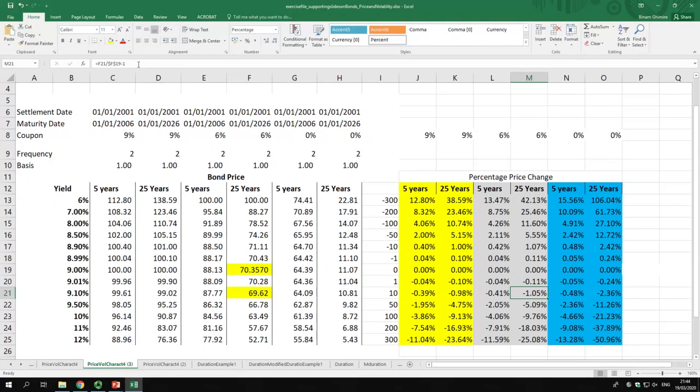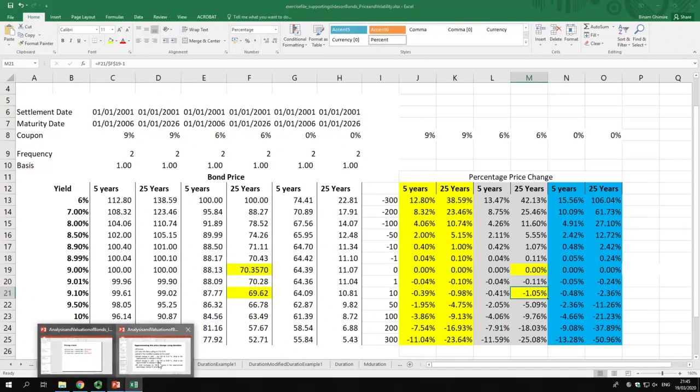Let me highlight these as well in yellow. Okay, so we see that when the yield goes up from 9 to 9.1, then the percentage price change in the bond is minus 1.05%. Remember this number, minus 1.05%.